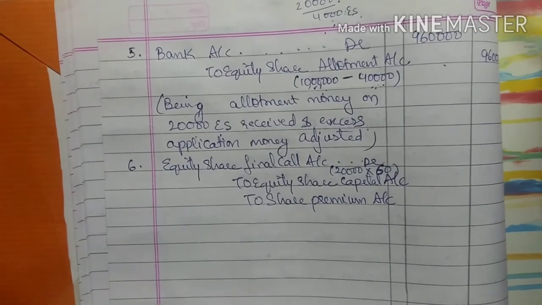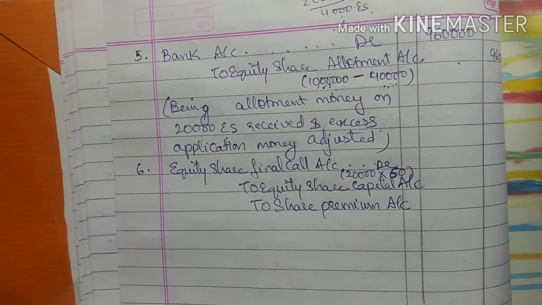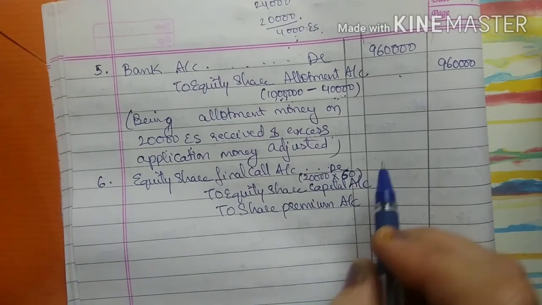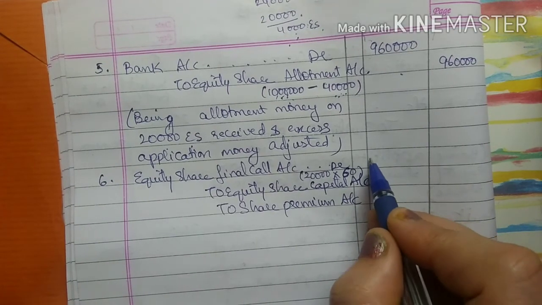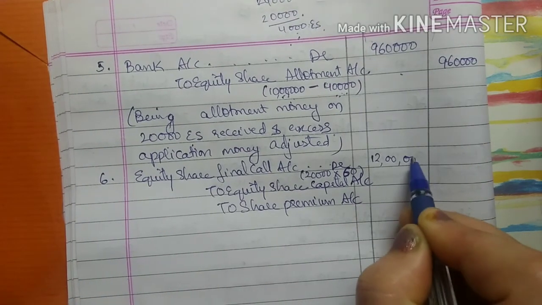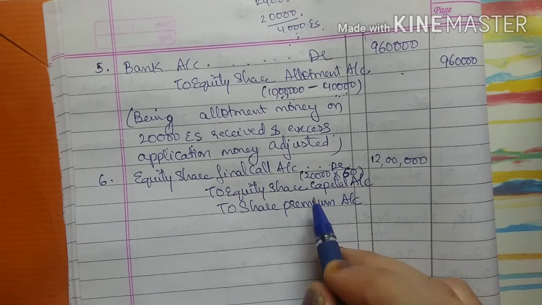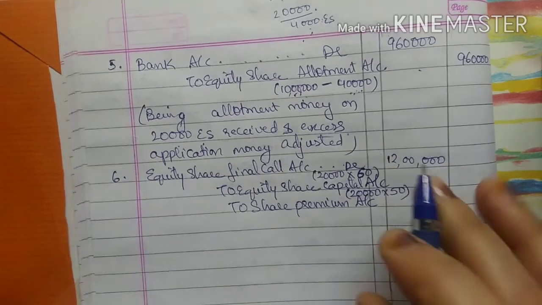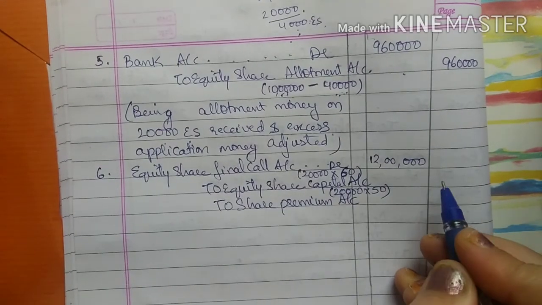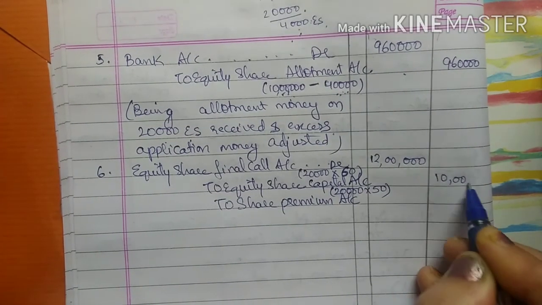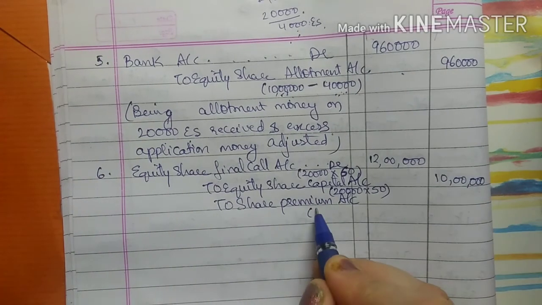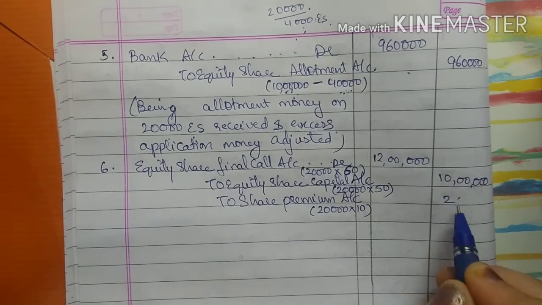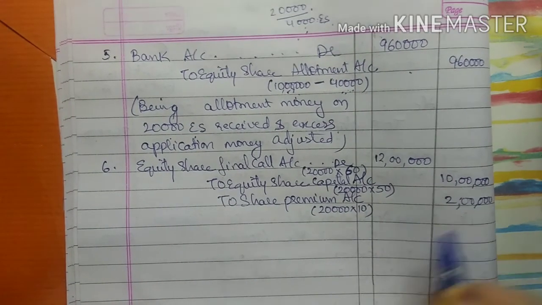Now see, for the final call we are calling up 50 per share plus 10 rupees premium, so 20,000 shares into 60 rupees per share, it will become 12 lakh. Now out of this, what will go in equity share capital? 20,000 into 50, only this much amount will go into the capital account, so that will be 10 lakh. And what is share premium? Share premium is 10 rupees per share, so that is 2 lakh, right?